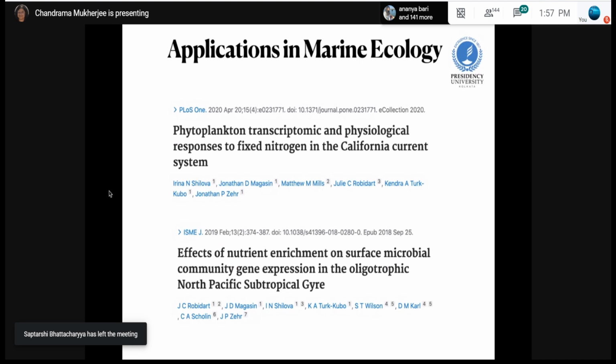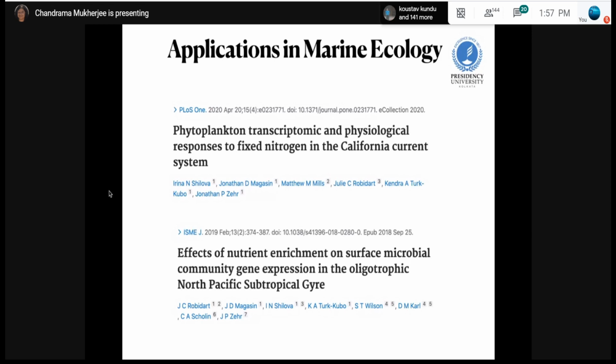And there are different applications in marine ecology. There is a recent paper where phytoplankton transcriptomic and physiological analysis was done in response to fixed nitrogen. Also there are several studies which address the effects of nutrient enrichment on surface microbial communities. These are just two examples.